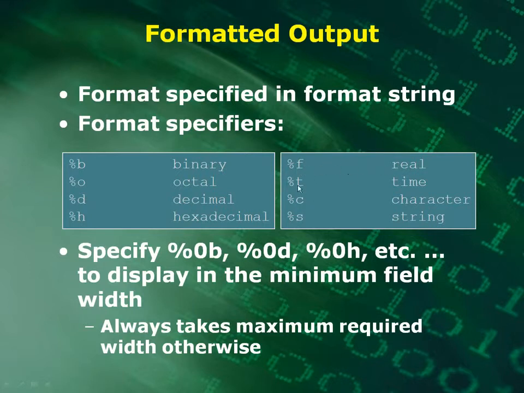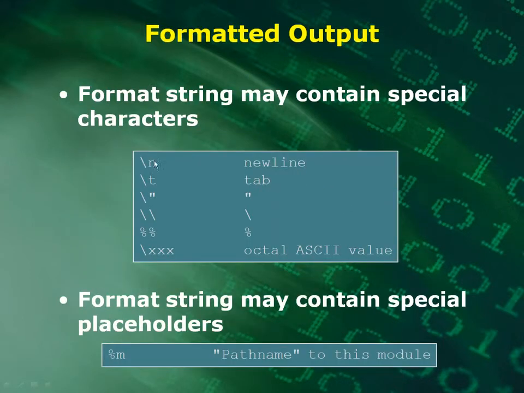So we also have %f for real, %t for time, %c for character, and %s for string. If you want to have special characters, you can have a new line using this notation, or a tab, and you can even print out a quote and a backslash as long as you put a backslash in front of those characters. If you want to print out the % sign, then you have to put the %. Also, you can print out octal ASCII values by using this notation.